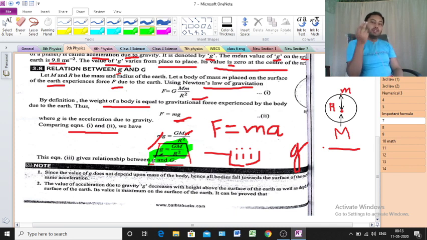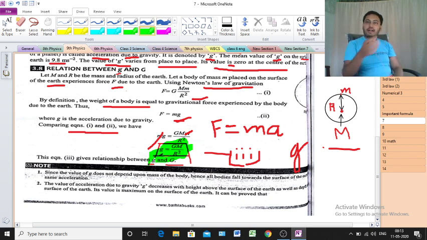Small g equal to capital G into capital M. What is capital M? Mass of the earth. And r is the radius of the earth. This is the picture, this is M, the mass of the earth.